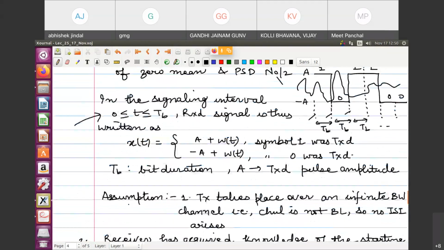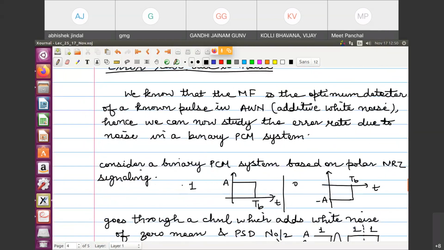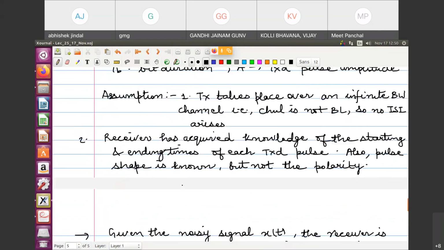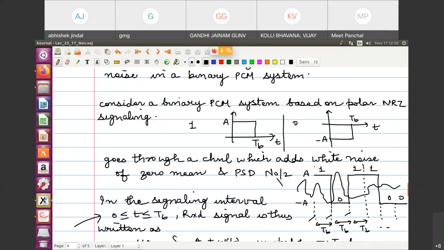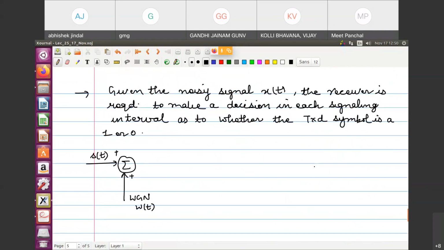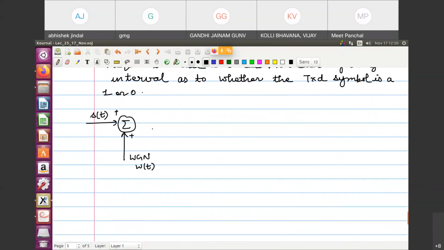Initially we said that it is an additive white noise, but now we are assuming it to be white Gaussian, or from start itself we should say this, so we can remove this confusion. We should use GN only, otherwise okay, let us take it to be Gaussian. So it's at this.